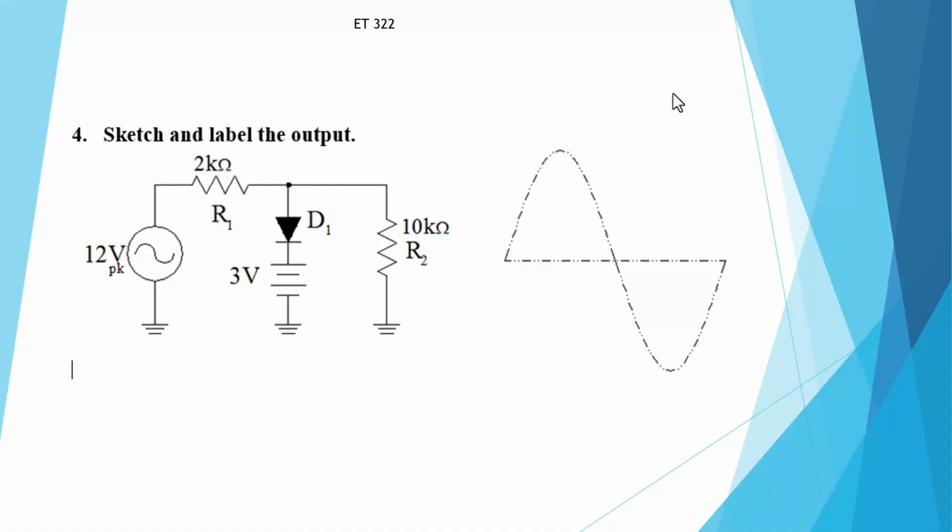Okay, so we have to start and figure out what our load resistor value is for voltage. And we have a voltage of 12.